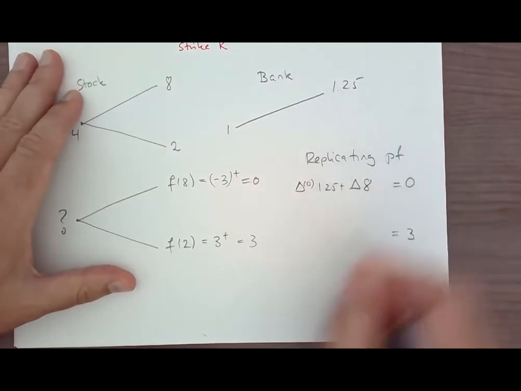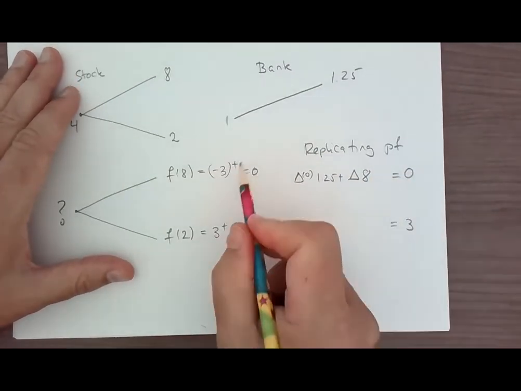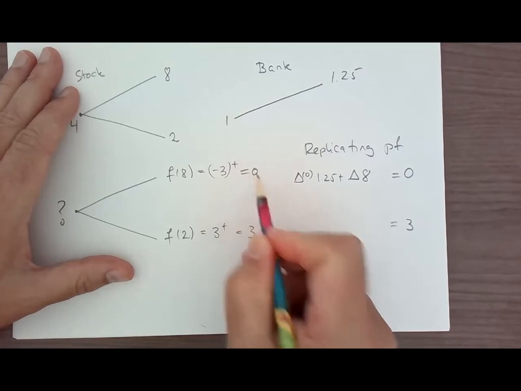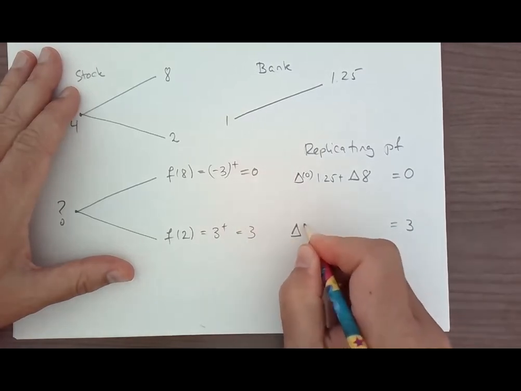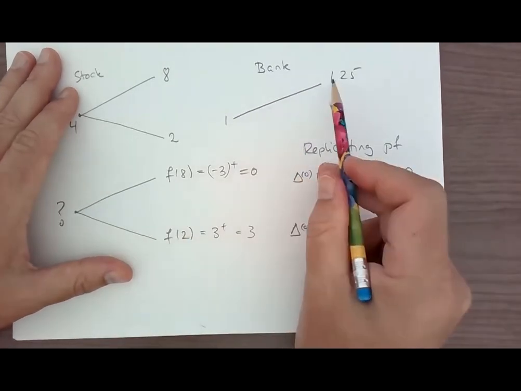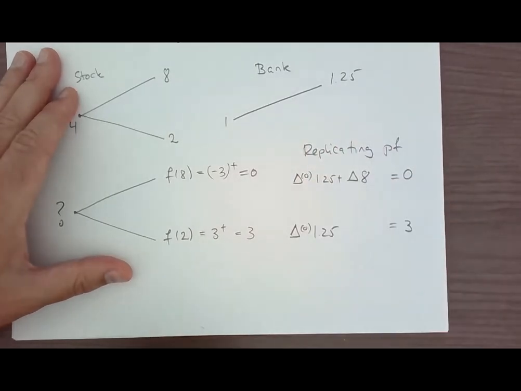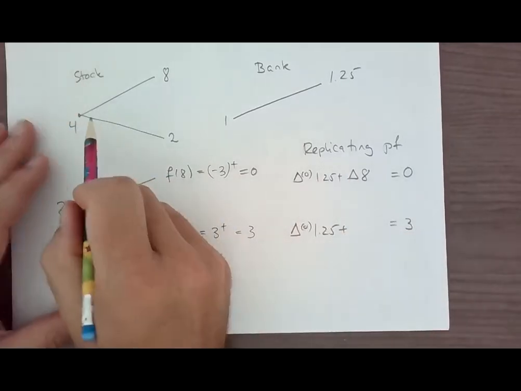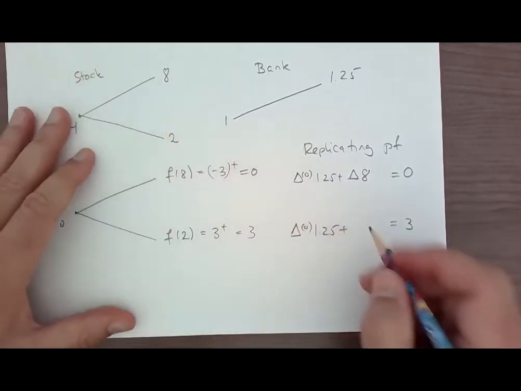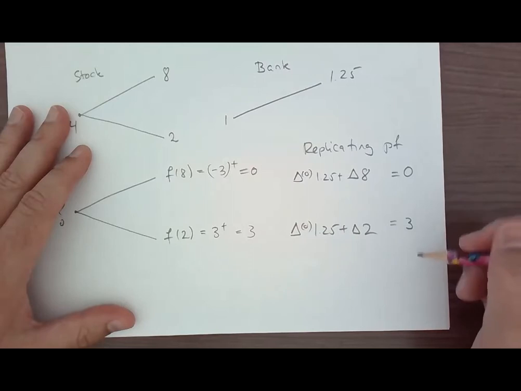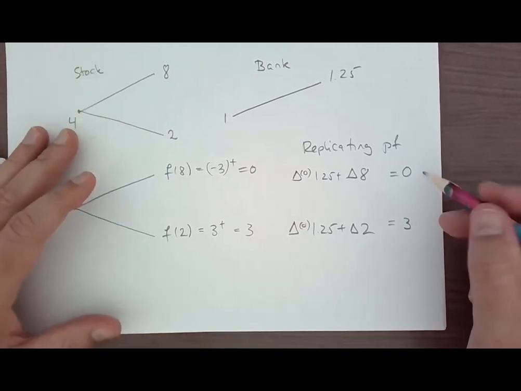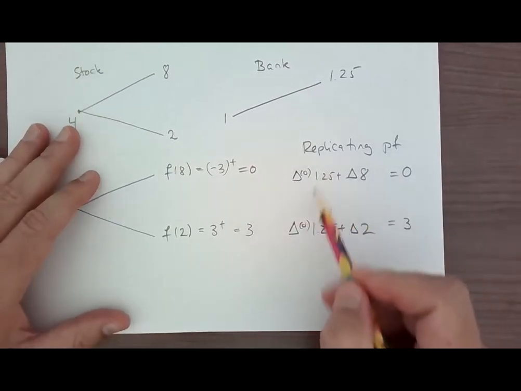So this is 8 times delta. I want that to be my 0. And likewise, in the downstate, the bank account always goes to 1.25. So that's what I have down here. And then the stock in that case is just going to be worth 2. So I'm going to get delta times 2. And these two here are my replicating equations, and the replicating portfolio is going to be the solution of this.